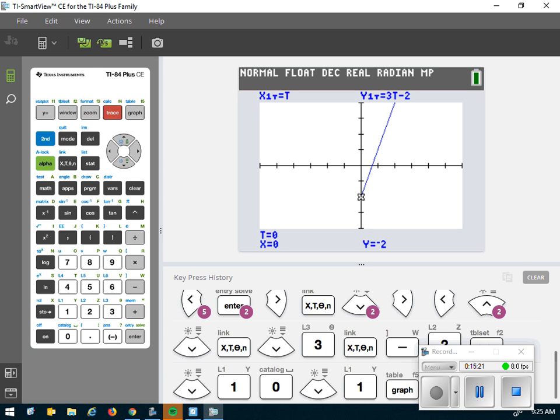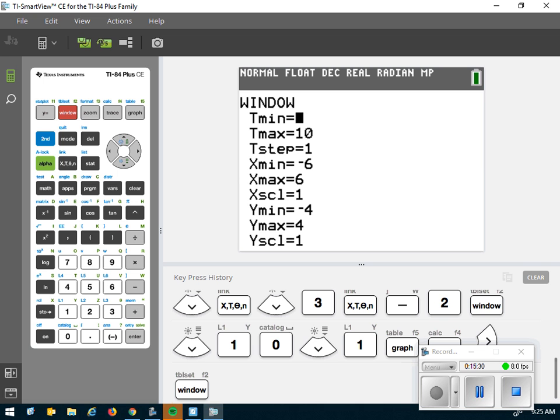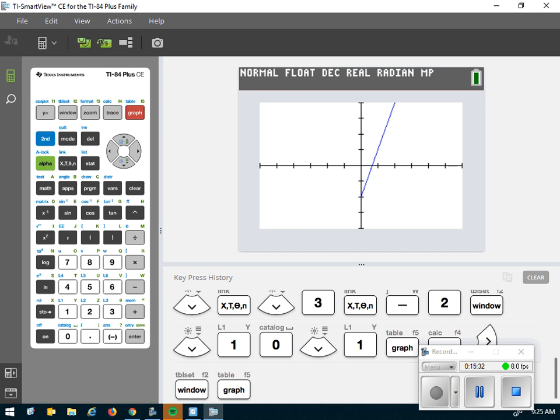Now, if you just start hitting your right arrow key, notice what it does. We said t step was 1, so it's going to count off your t in increments of 1, and it's going to tell you when t is 1, x is 1, and y is 1. When t is 2, x is 2, and y is 4.